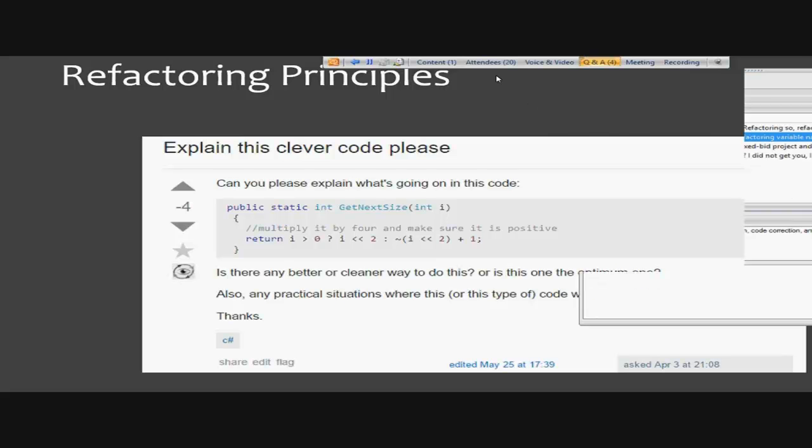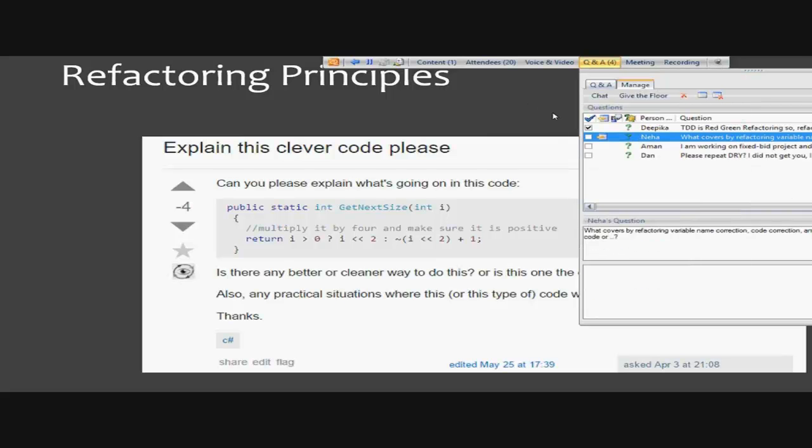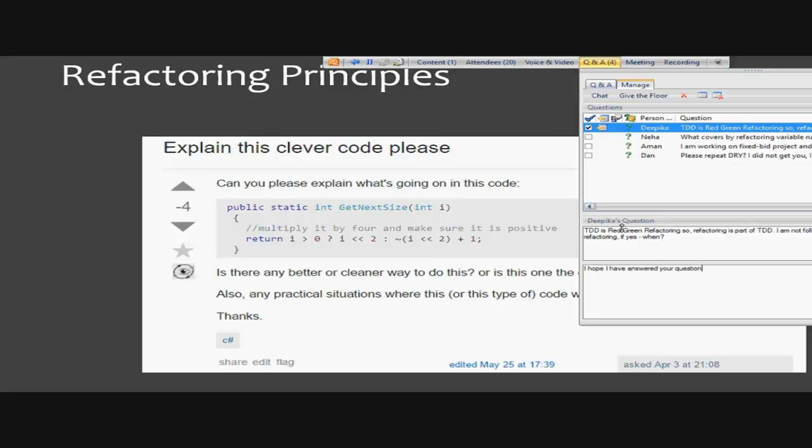So let's go for the questions again. Okay, now Deepika is asking, TDD is red green refactoring, so refactoring is a part of TDD. I think I have answered this. Then Neha, what covers?